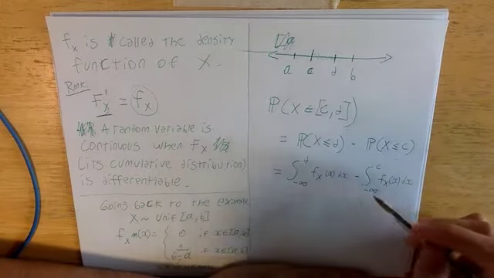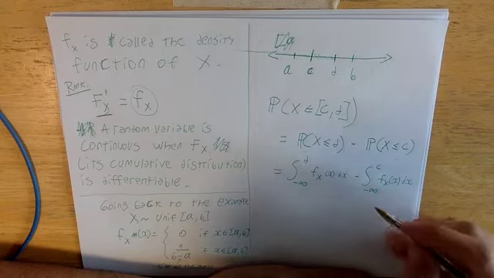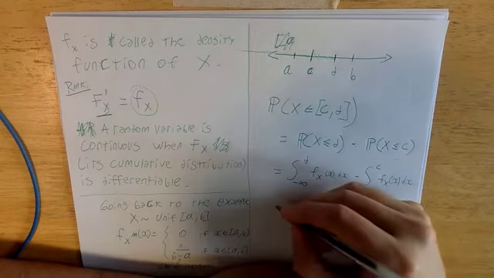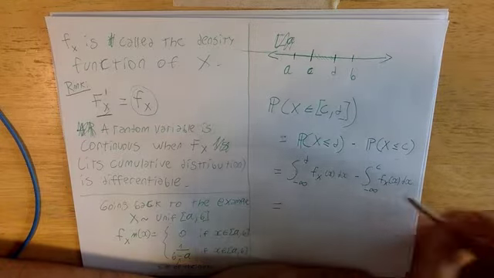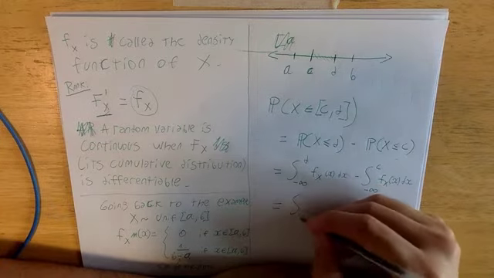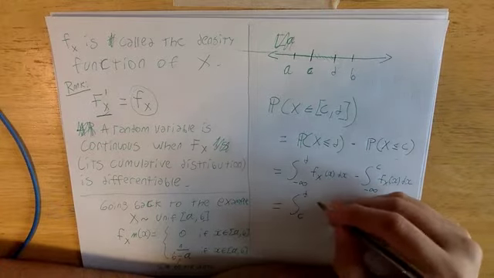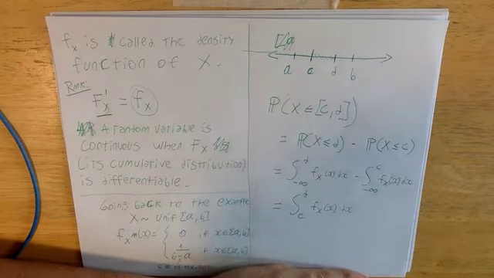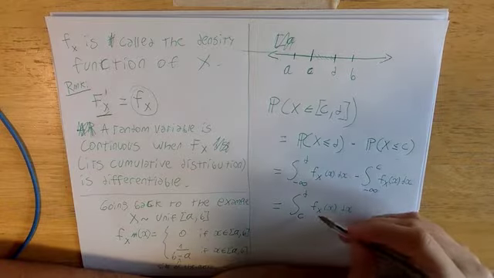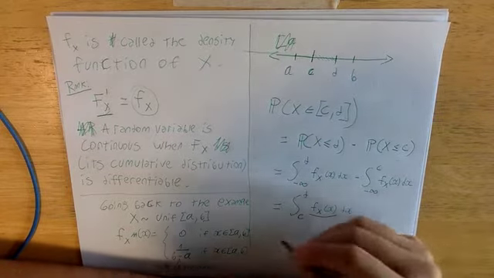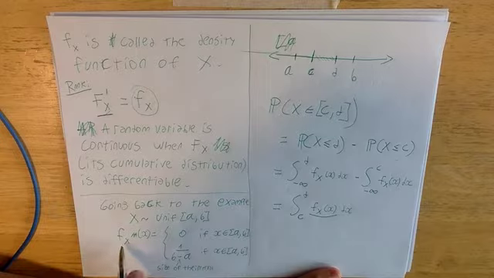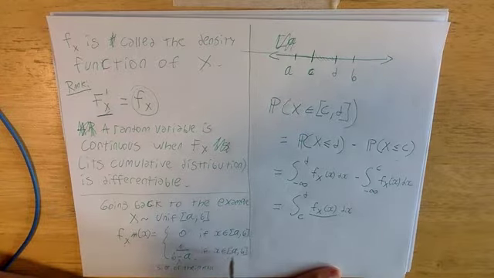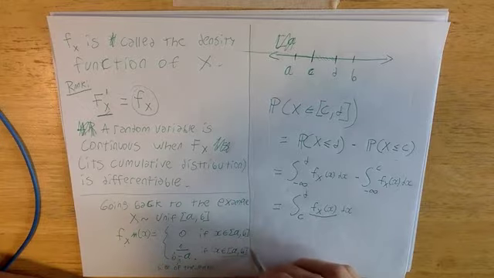And if you put these two things together by the integral properties, this is the integral from C to D of f of x dx. But now this f of x, as we said, is 1 over b minus a if x is between a and b.